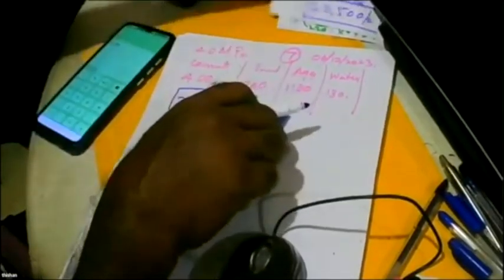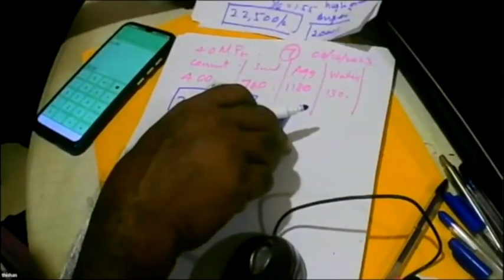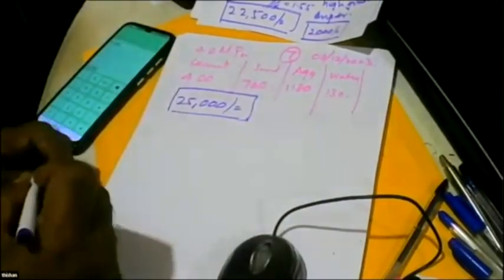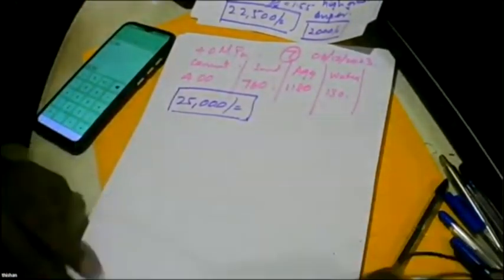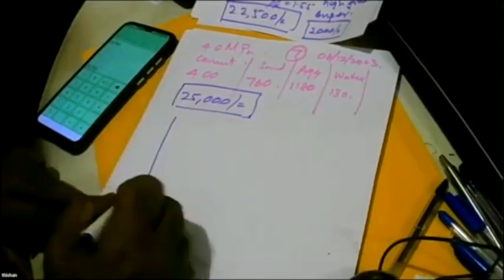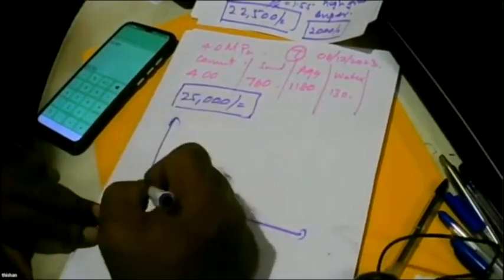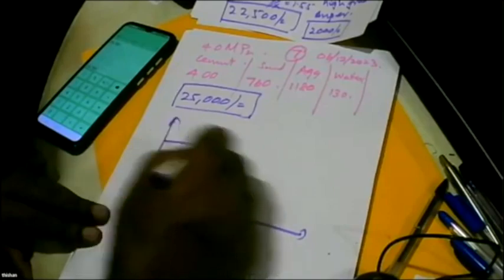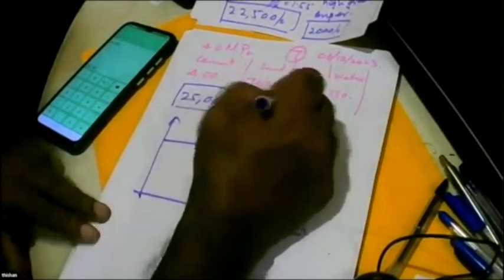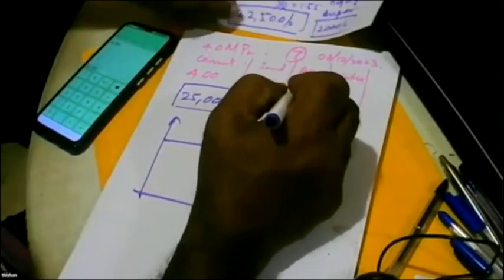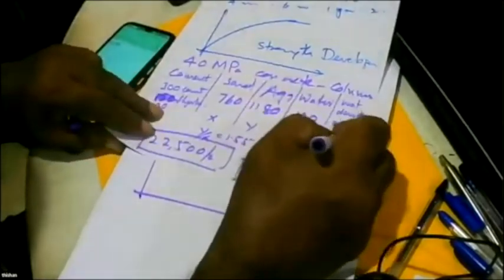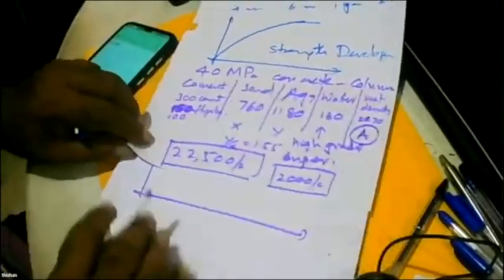Okay, now we have two mixes. One costing 25,000, the other one costing 22,500. Now you use them. What will happen? Look at the strength development curve of mix B, and mix A, the earlier mix where I used 100 fly ash.